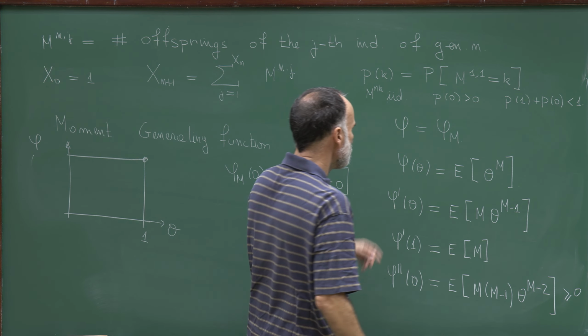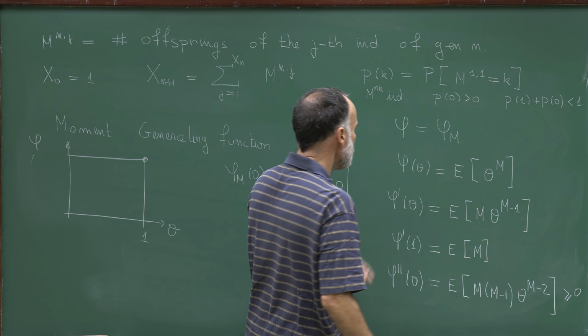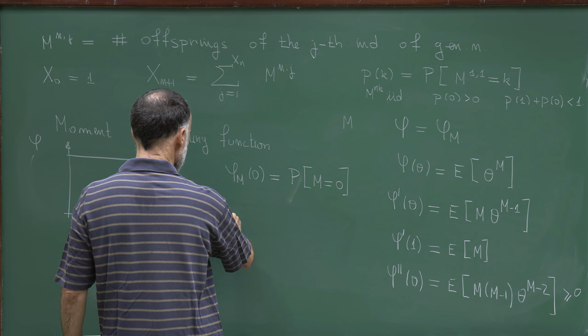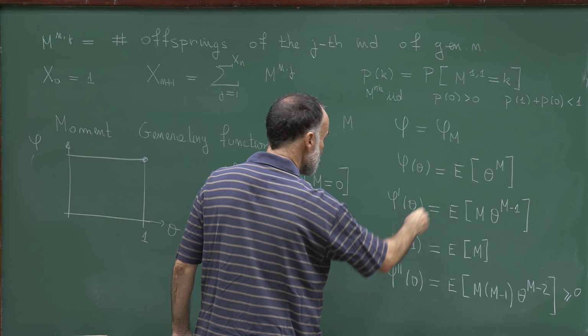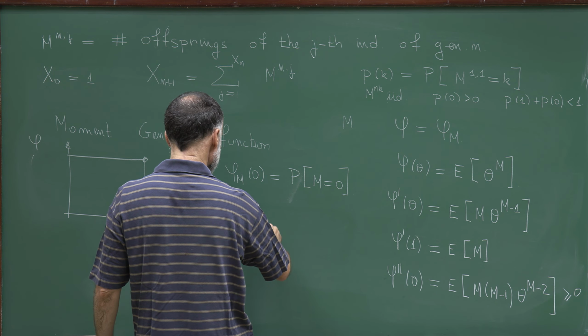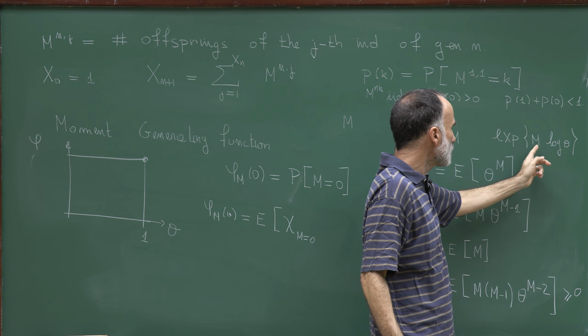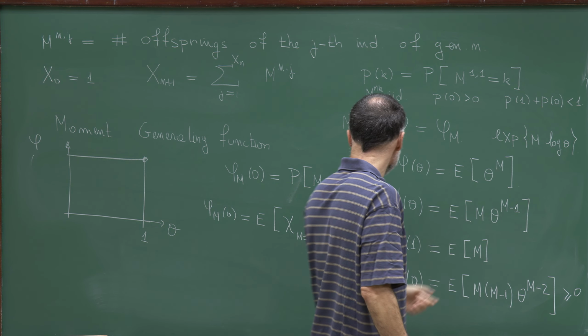So let's go to the formula, and let's write phi_m of 0 as this expectation, but I will divide that in two cases. The expectation when m is equal to 0: if I write theta to the m as the exponential of m log of theta, and take theta strictly positive but small, this will be a non-negative number times 0, so that will give you 0, and the exponential is 1.